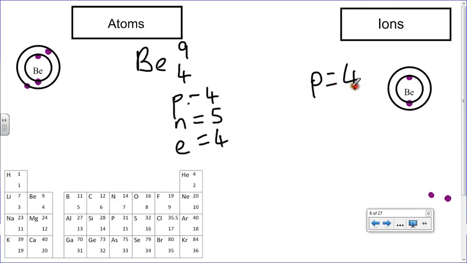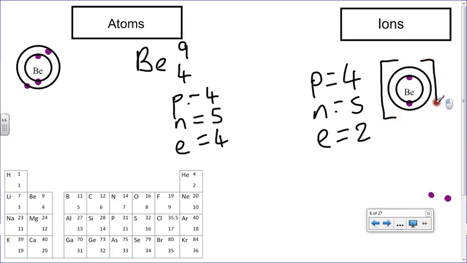It still has 4 protons, still has 5 neutrons, but now it has only 2 electrons. So it's lost electrons, and it's got 2 more positive protons than it has negative electrons. So we know that the charge must be 2, and of course it's positive 2, so beryllium has a charge of 2 positive.